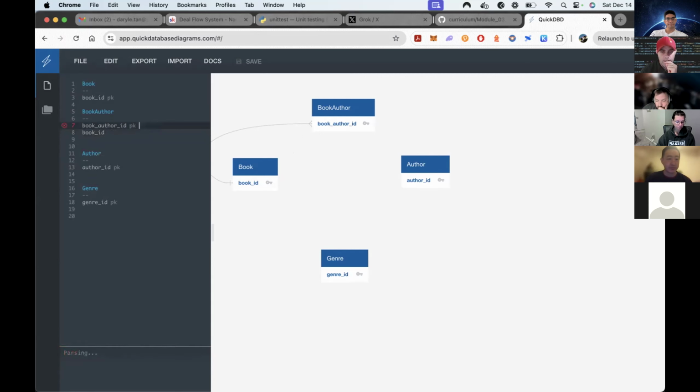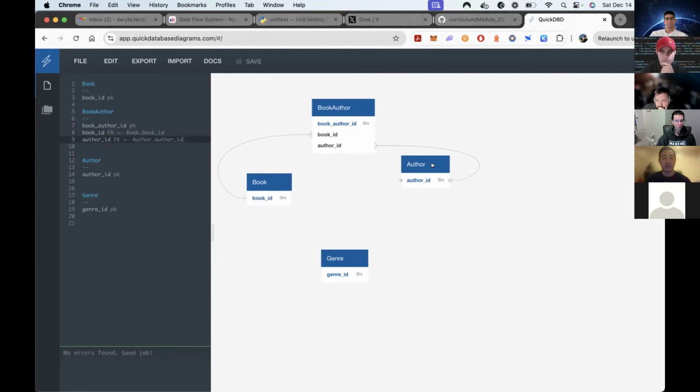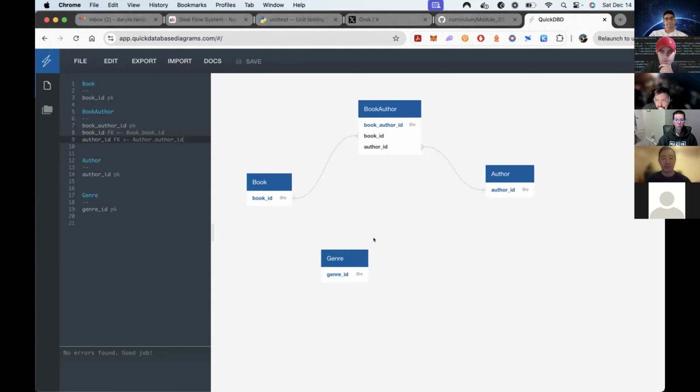And then you'll have book ID and author ID, and those will connect to the corresponding tables' primary keys. That way, if you ever query book author, you'll get every book author primary key that's associated with those.